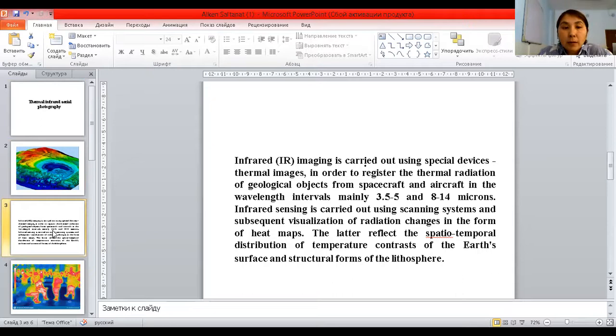Infrared sensing is carried out using scanning systems and subsequent visualization of radiation changes in the form of heat maps. The latter reflect the thermal distribution of temperature, contrasts of the Earth's surface, and structural forms of the lithosphere.